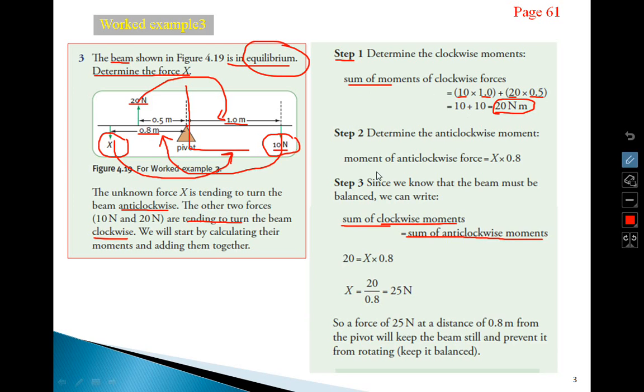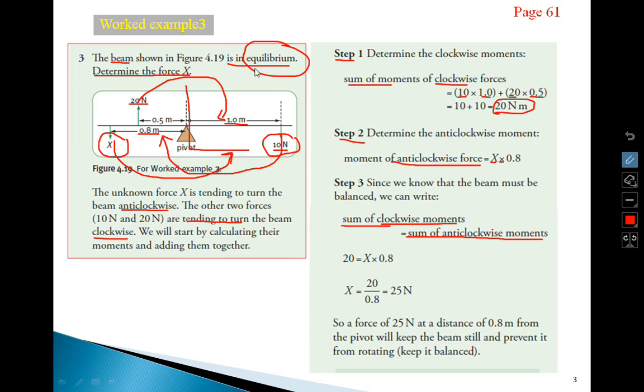Step 2, we do the same but with anti-clockwise moments. We have only one force, which is X, times the distance. So the moment of the anti-clockwise forces is equal to X times 0.8.